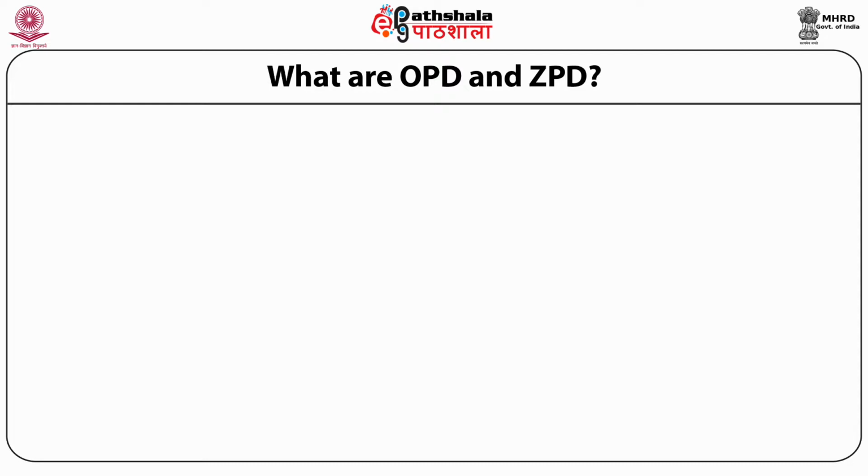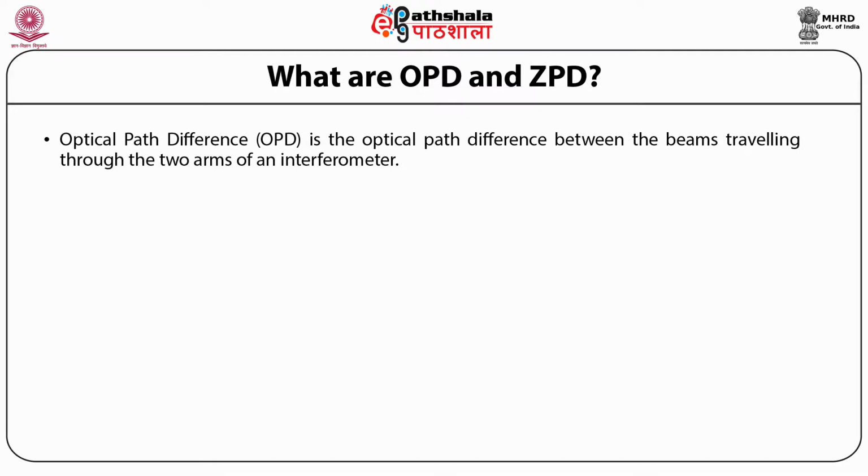What are OPD, optical path difference, and ZPD, zero path difference? Optical path difference, OPD, is the optical path difference between the beams traveling through the two arms of an interferometer.